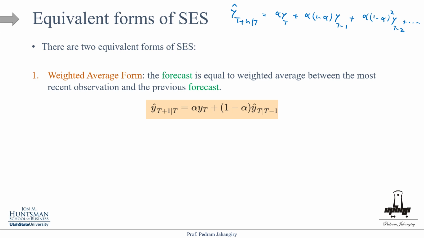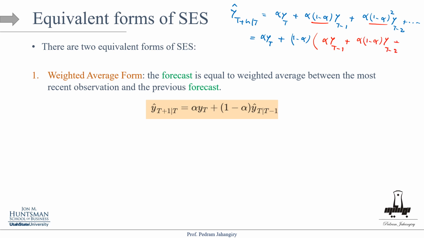Okay, so I'm going to do a little bit of mathematical tricks here. Nothing fancy. I'm going to say it's equal to alpha yt, and then I'm going to factor out 1 minus alpha. So if I factor out 1 minus alpha from this and from that, what do we get? We get alpha yt minus 1 plus alpha multiply 1 minus alpha yt minus 2.